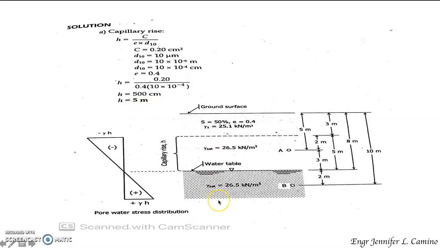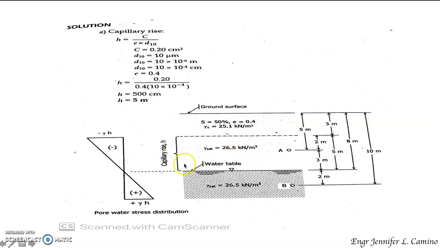So we have here the figure for our problem. We are given the unit weight of the solid, which is 26.5. So we try to compute first the saturated unit weight and the unit weight of the soil within the unsaturated layer.